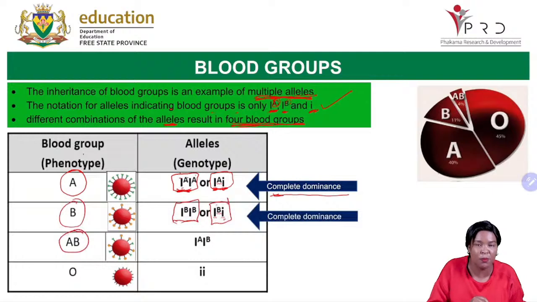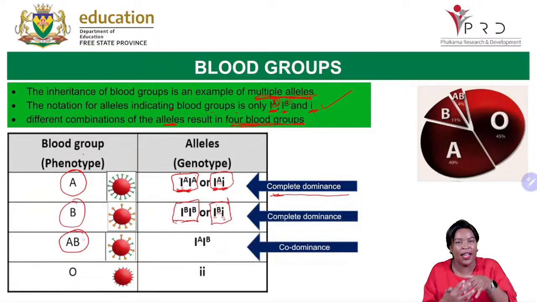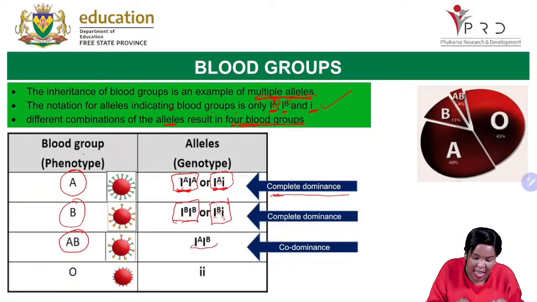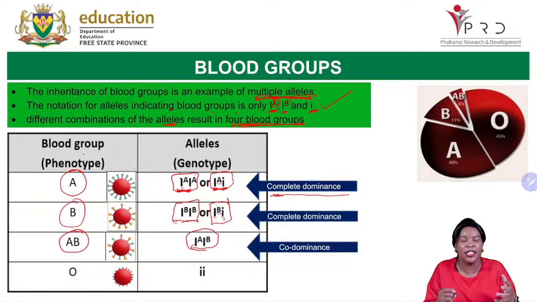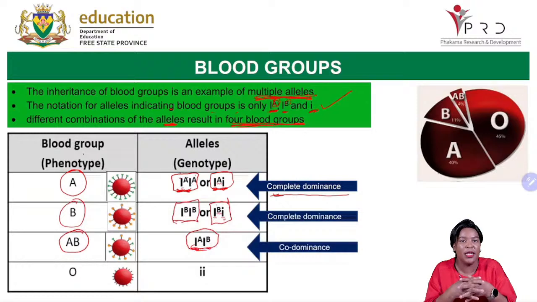Then for a person whose blood group is AB, this is co-dominance, meaning there is no allele that is dominant over the other. They are both expressed in the genes, or the genes have both blood group A and B as completely dominant. So they are co-dominant.